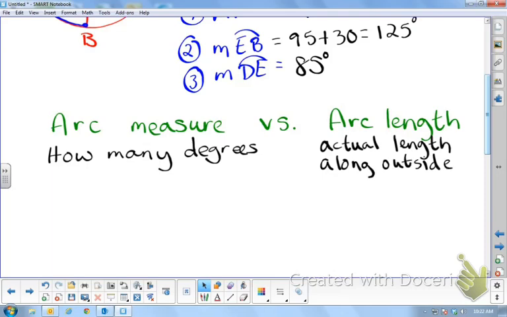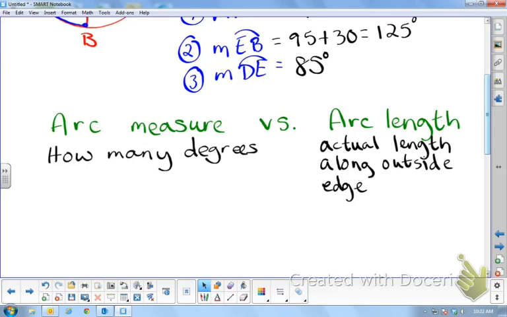Now, arc means it's not the entire circle, it's just a piece. So, we need a formula for this. We know our circumference formula, but that gives us our entire circle. We don't want the entire circle, we want just a piece.